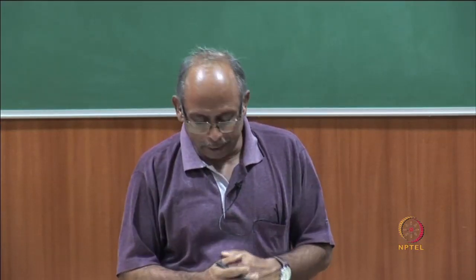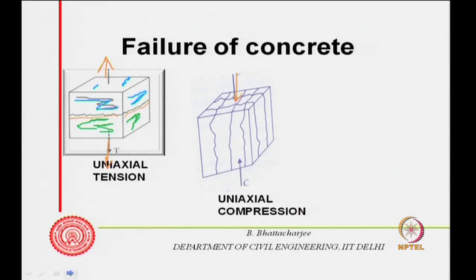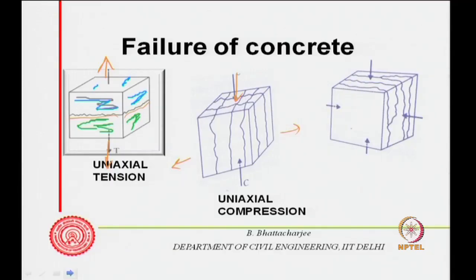If you look at uniaxial compression, applying load from this side to this and this side to this, it might develop multiple fractures, because the material is strong in compression. Okay. Let us go to the next diagram and then we will come back again.